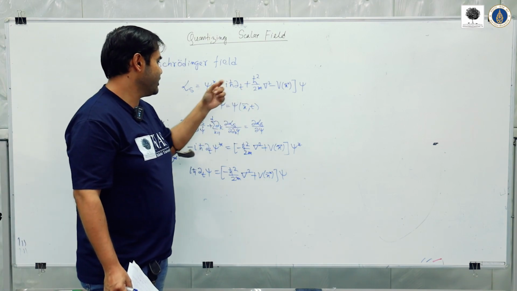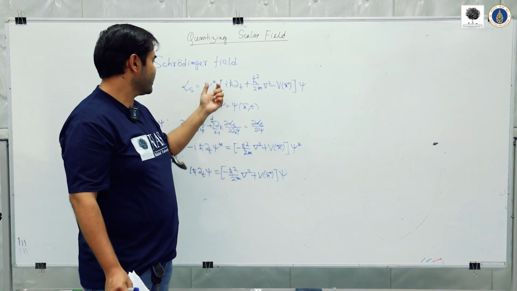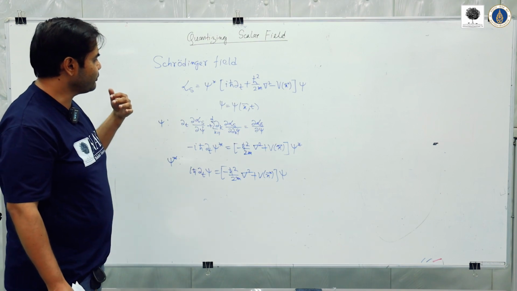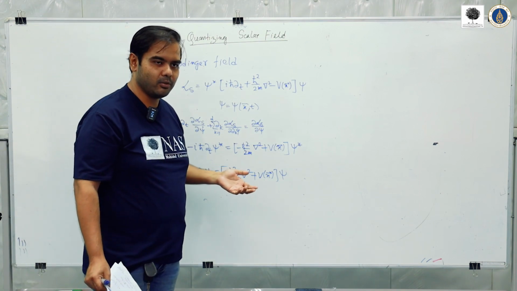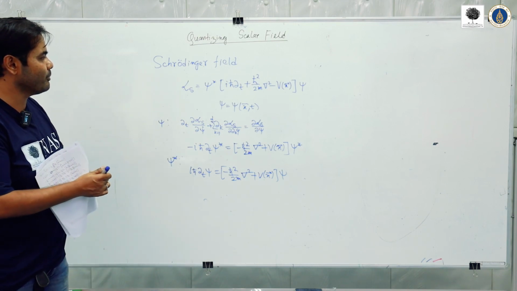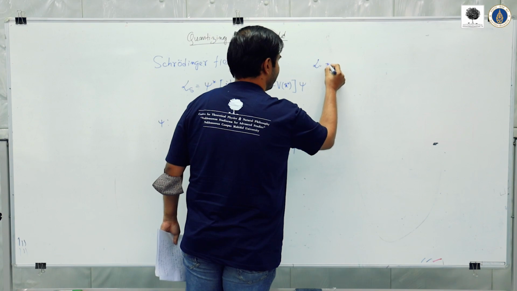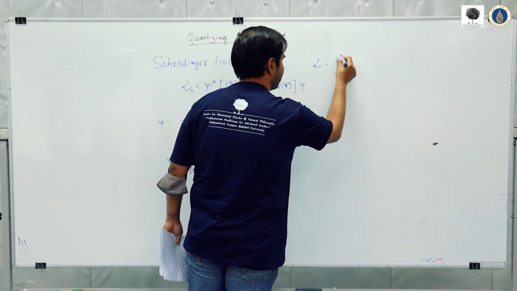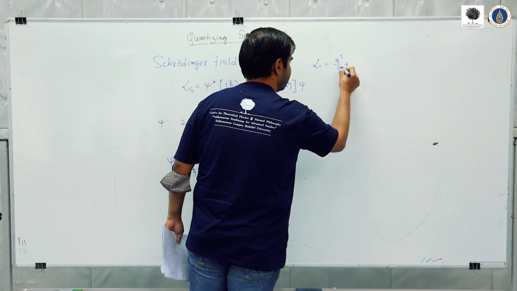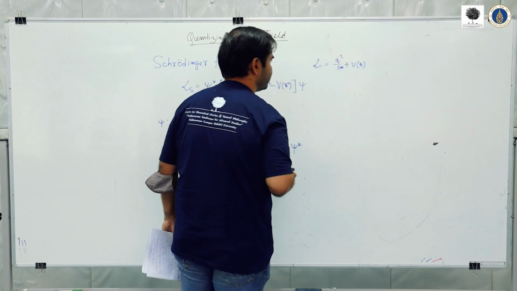So, this action works, but to construct this action from first principles is not impossible. What I am saying is that it's a little bit involved. Usually, if you compare the Lagrangian for a simple particle, it is q dot square by 2m minus v, which depends on q.